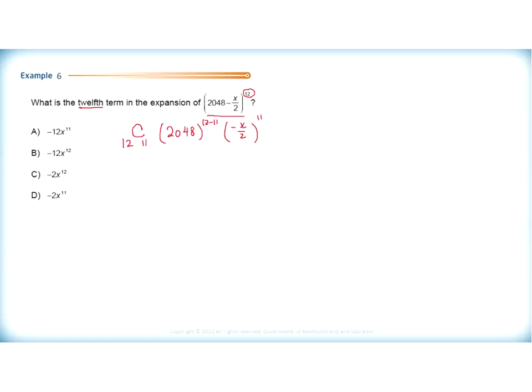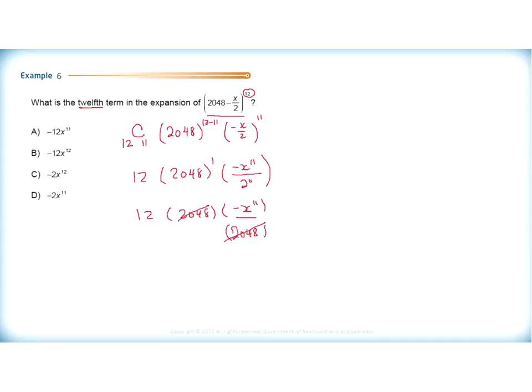Let's simplify that. The C of 12 choose 11. I'm pretty sure it's 12, but I'm going to double check that. The C of 12 choose 11 is indeed 12. 12 times 2048 to the power of 1 times a negative x to the power of 11 over 2 to the power of 11. 2 to the power of 11 is 2048.